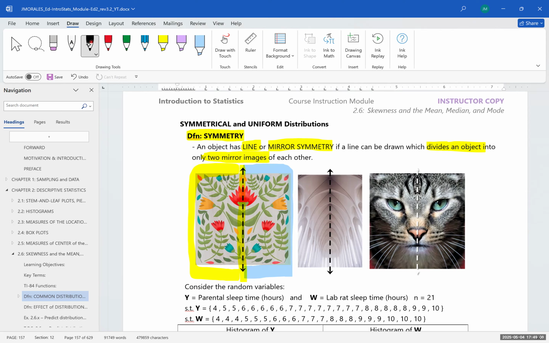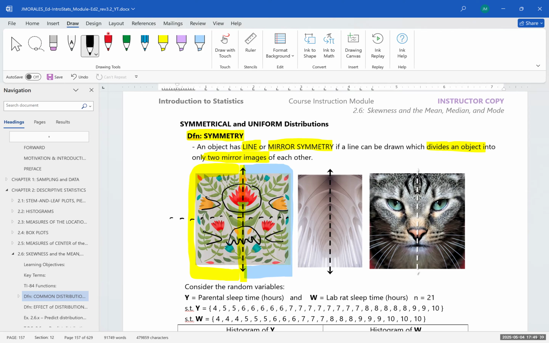You'll notice that the line of symmetry doesn't go this way, because if it did, you would see this red flower mirrored on this side, and you would see these two yellow flowers here and here mirrored there and there.